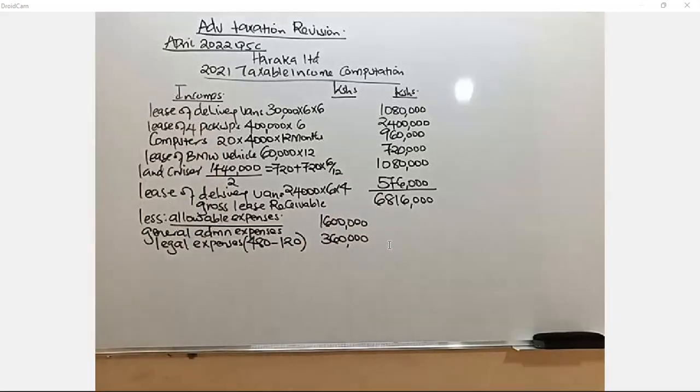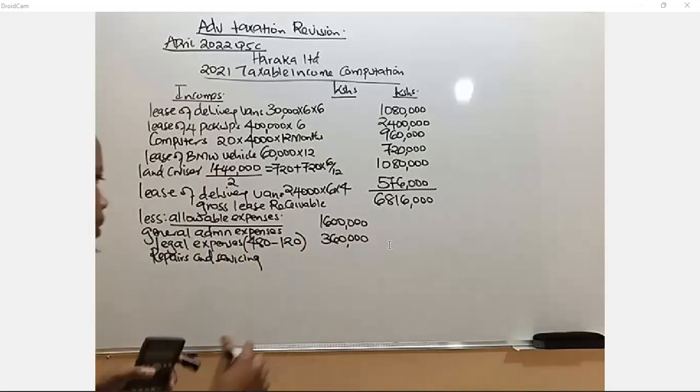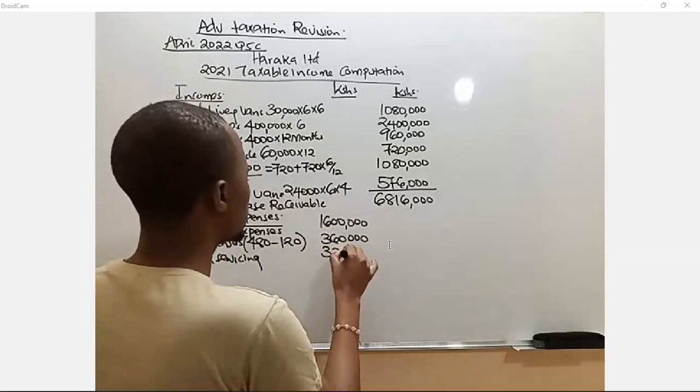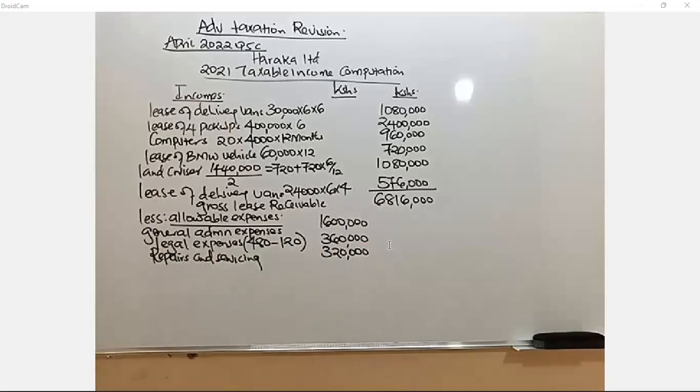After that, we can go to repairs and servicing. We are being told they total 320,000. Then, in note number 3, the investment allowances have been agreed with the commissioner to be 620 for the year.